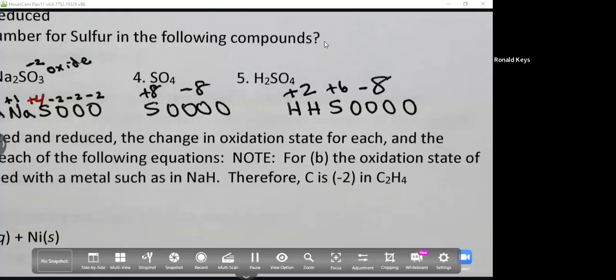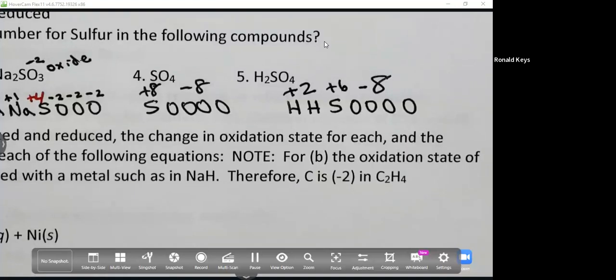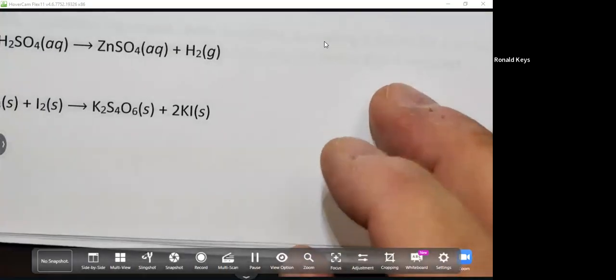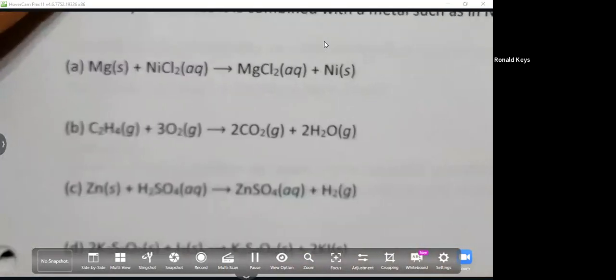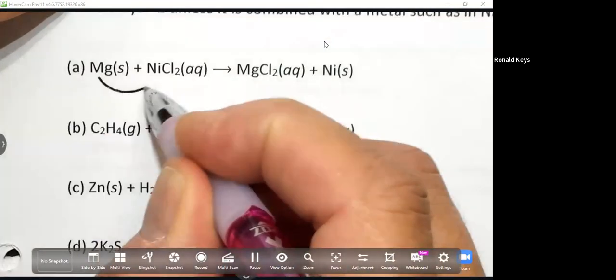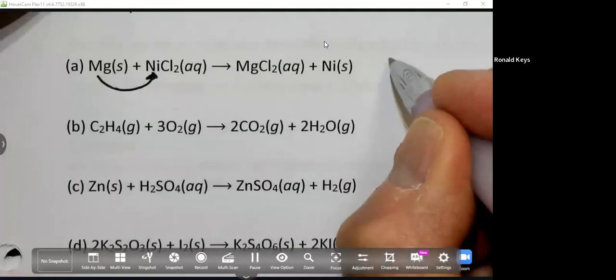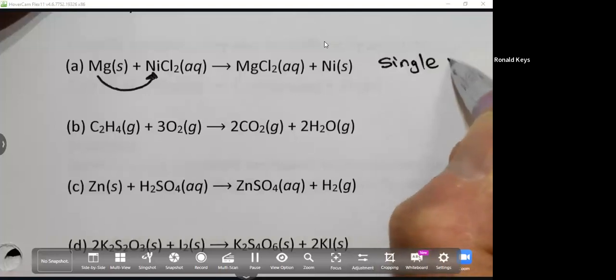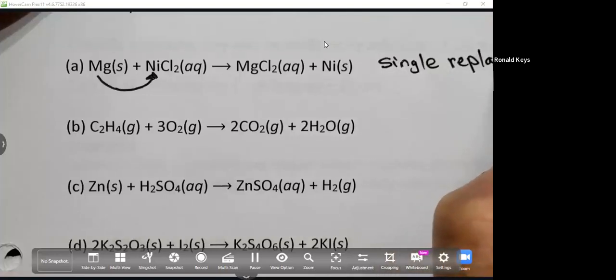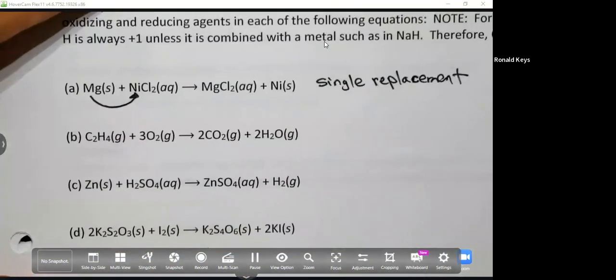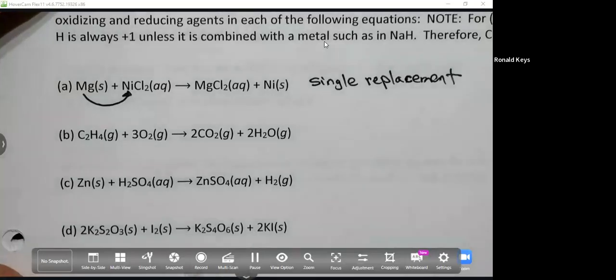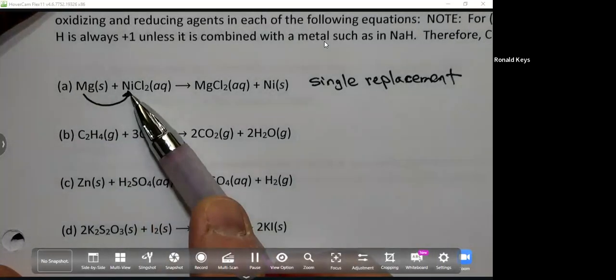All right, we are going to do just a couple down here, some examples. This right here is called a single replacement reaction. Magnesium takes the place of nickel.